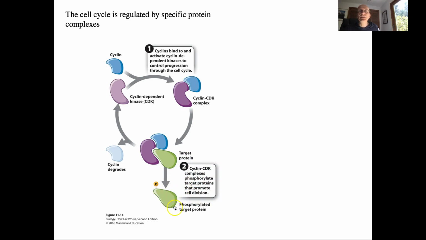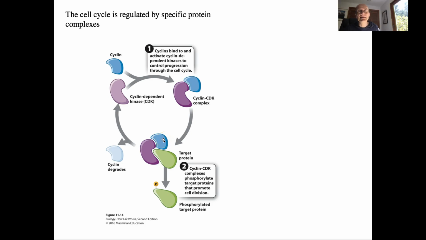So the green protein here is the one that actually determines whether or not the cell cycle will cycle or whether it will stop. Whether this green protein is doing that is determined by whether or not it's active, and that is dependent on whether or not it's phosphorylated, and the phosphorylation occurs through the proteins that add the phosphate group to the target protein, the cyclins and cyclin-dependent kinases.